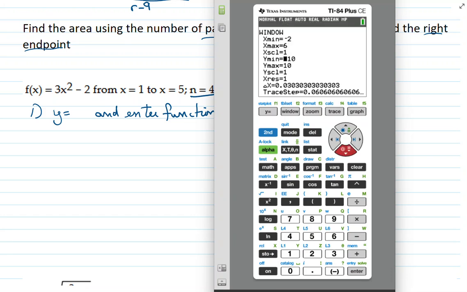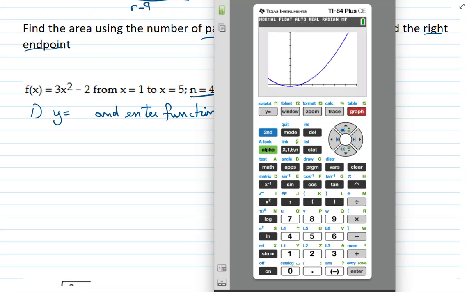And then on the minimum, let's go with a -3, just so we can see the x-axis, and go up to let's go up to 80 and do a scale of 10. All right, there we have it. Now remember, we start here and then go all the way to 5, which is right here.